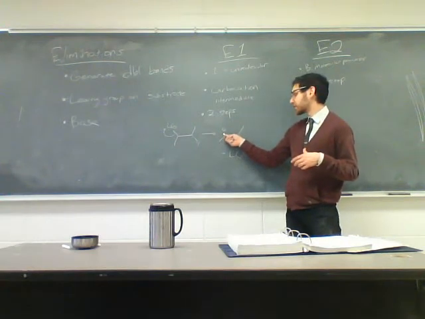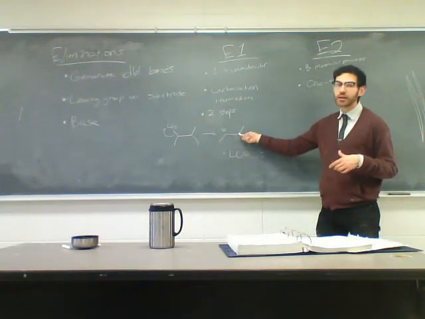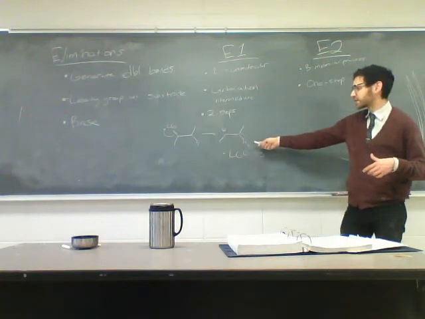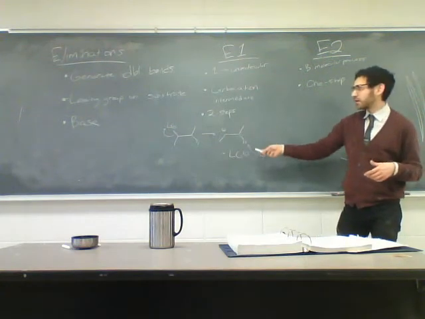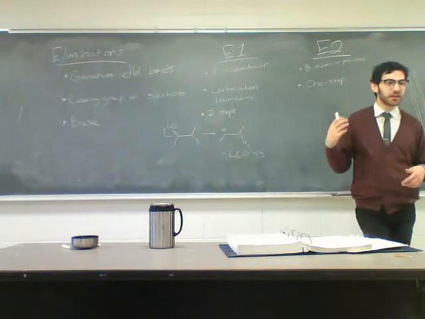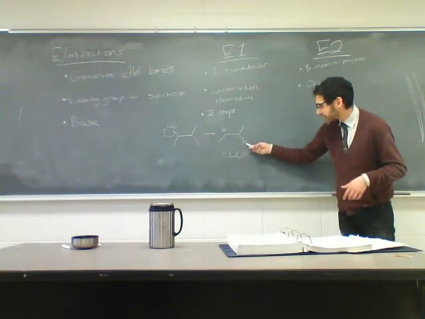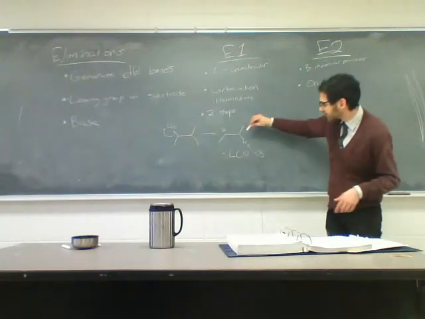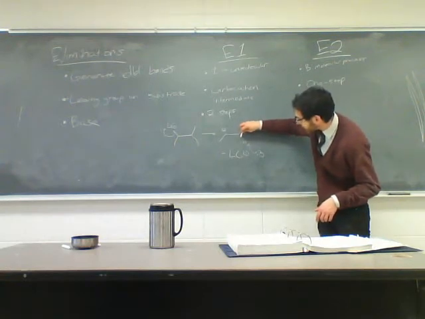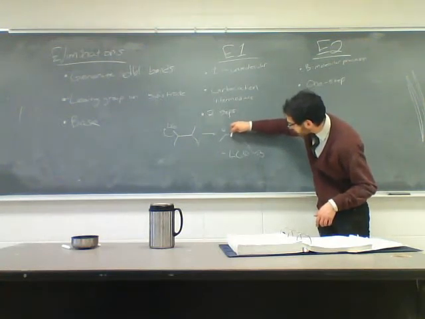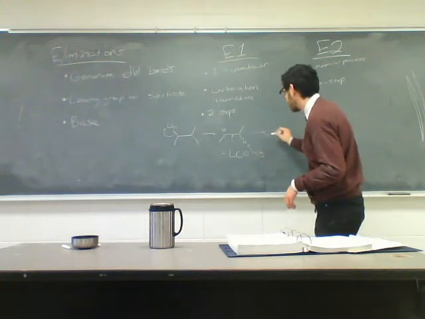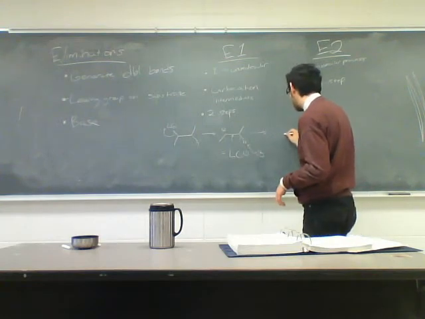So this positive charge is pulling electrons away from this carbon, who's in turn pulling electrons away from this hydrogen. So that makes this hydrogen easier to remove, and a base can easily come in and grab it, and that results in this bond breaking and us forming a double bond.